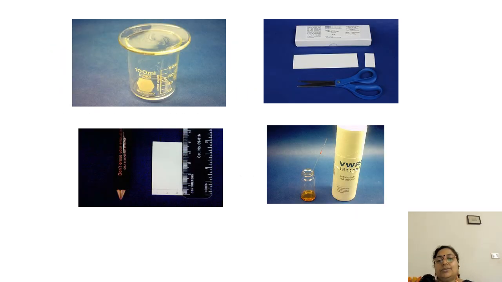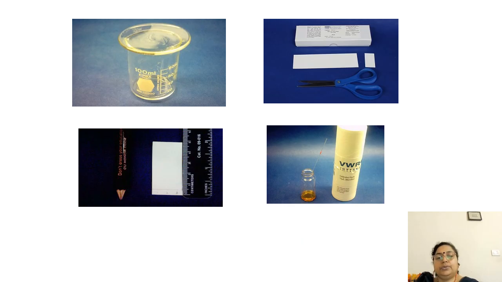This picture shows different steps in the chromatogram development. First, you have to cut different strips, which are available ready-made. So TLC strips are shown in the figure. Similarly, you have to take the solvent, which may be pure or a mixture of solvents, take it in a beaker and keep it closed like this.